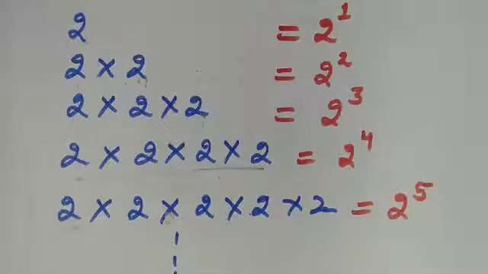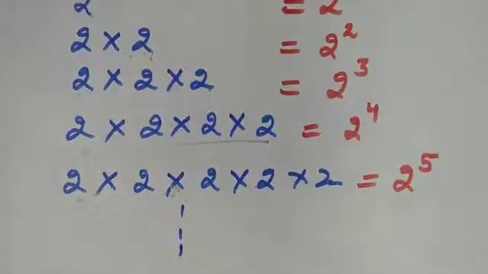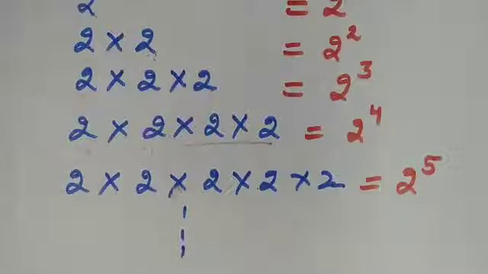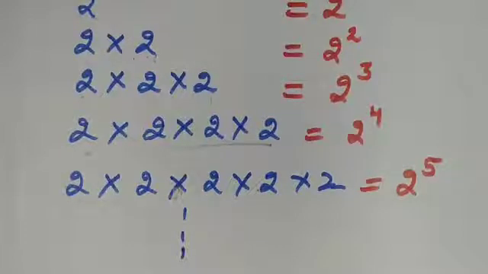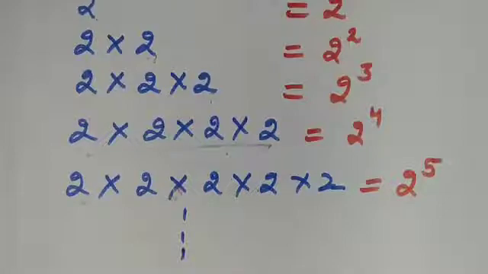Now imagine how much time and space will be required if we want to multiply 250 times or say 100 times, and it would also create a lot of confusion. So mathematicians came up with a shorthand notation for such large numbers.